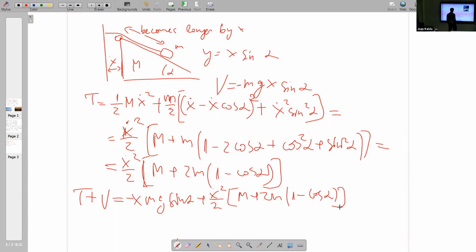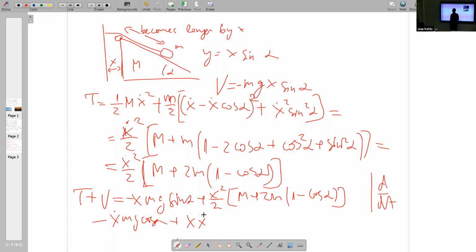And now we take the derivative. Find the derivative of it, the d over dt, and then we have here minus x dot mg cosine alpha plus x dot x double dot.